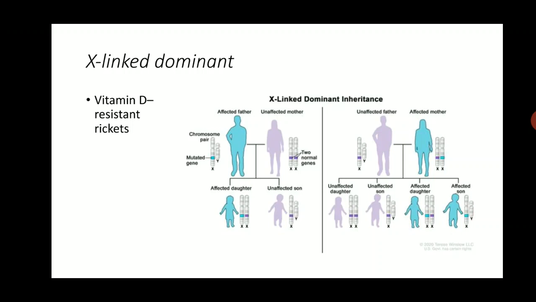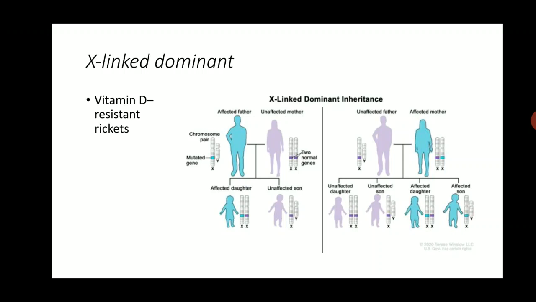So the son will be unaffected, as the son will get the normal X chromosome from his mother. Whereas the female gets one X chromosome from the father and one X chromosome from the mother. The X chromosome from the father is abnormal, and since this is a dominant disorder, the daughter will always be affected.